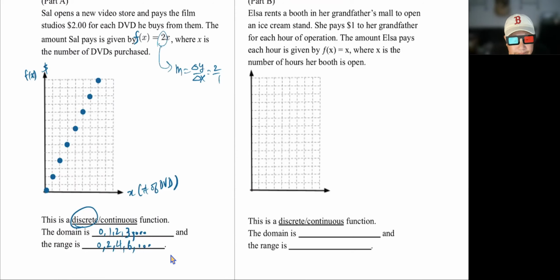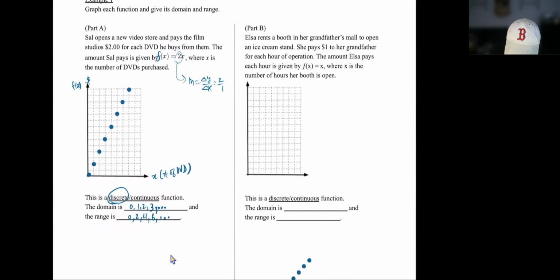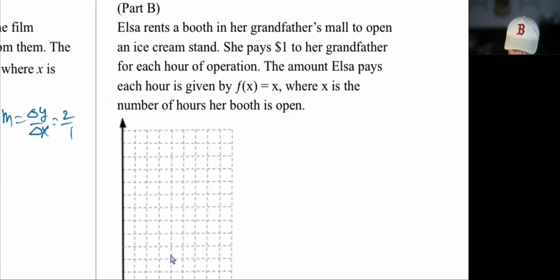In part B, Elsa rents a booth in her grandfather's mall to open an ice cream shop stand, and she pays $1 to her grandfather for each hour of operation. So this is basically a rent based on time.